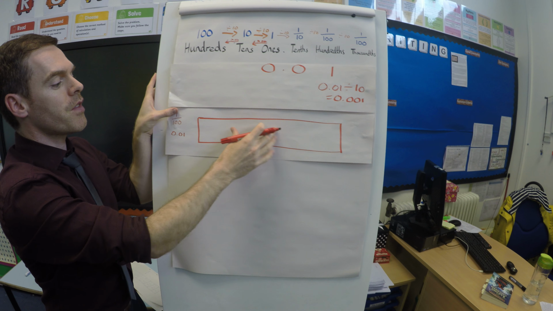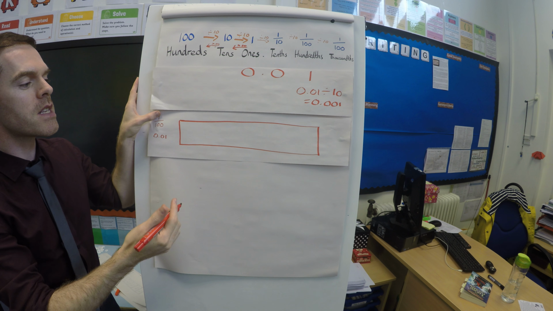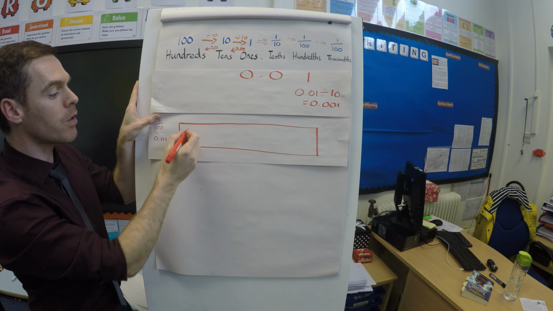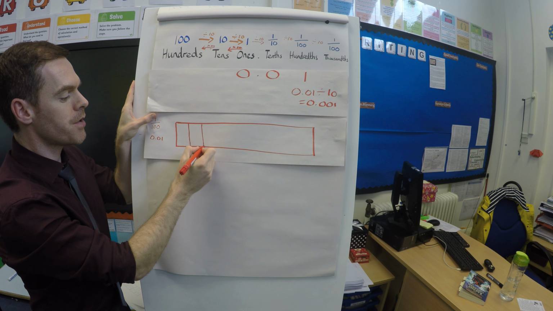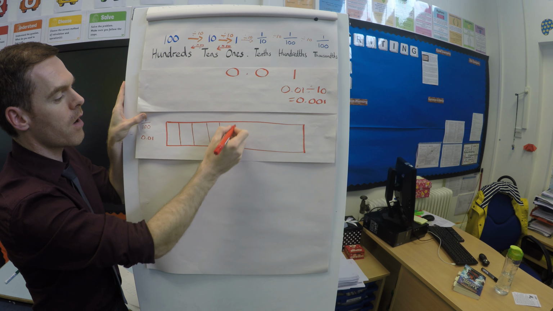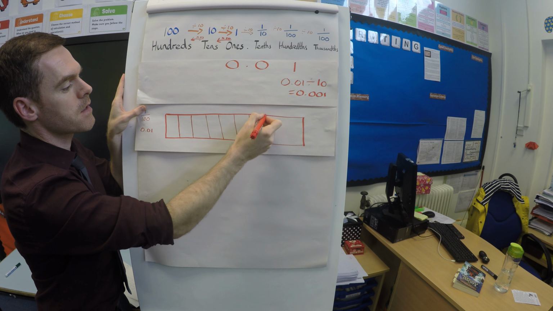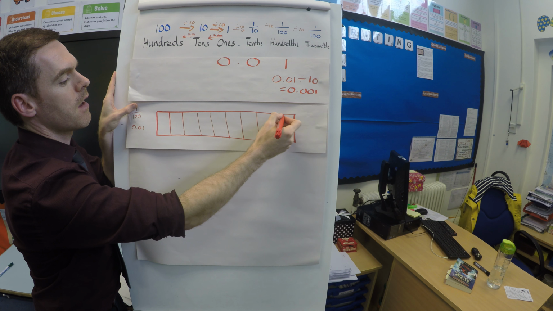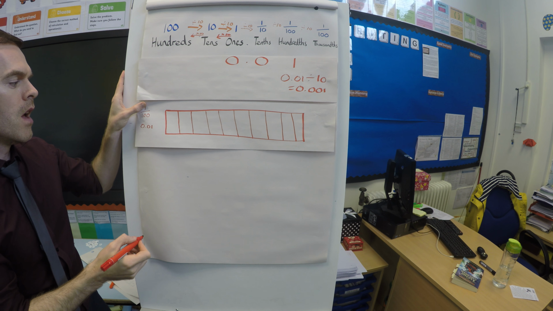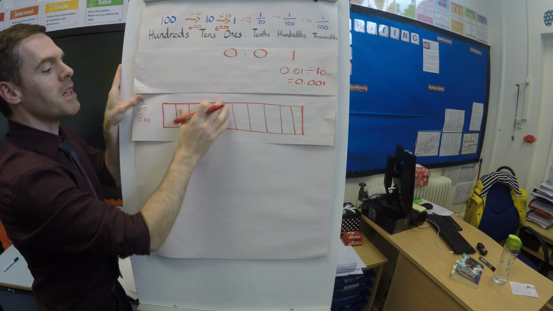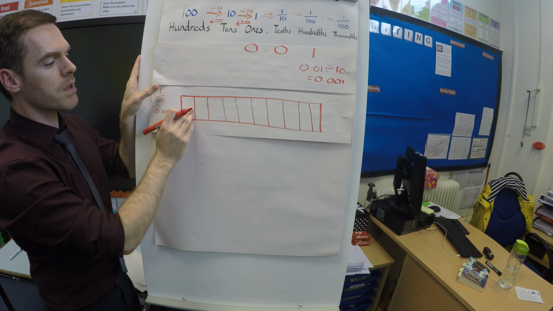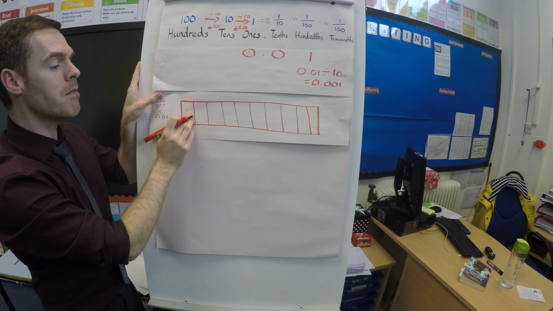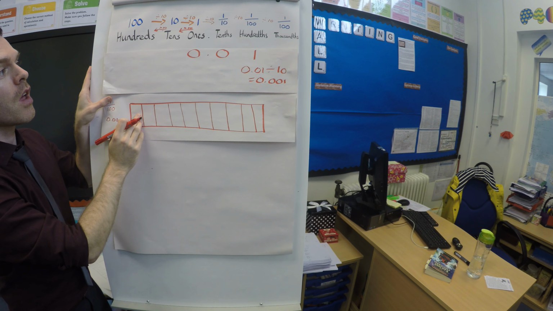I've got my 1/100th, and I'm going to divide it by 10, which means I need to divide the bar into 10 equal sections. 1, 2, 3, 4, 5, 6, 7, 8, 9, 10. So my 1/100th has been divided by 10 into 10 equal sections. Each section this time is going to be 1/1,000th.